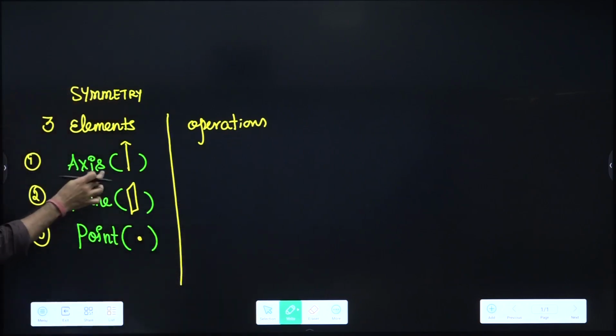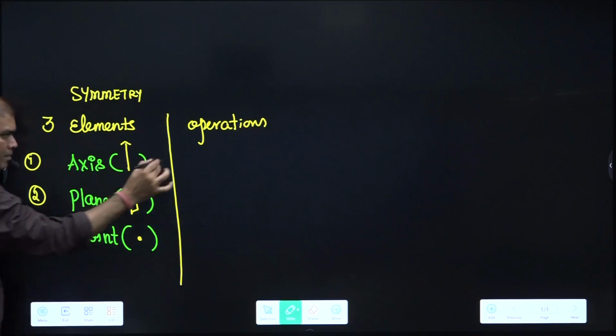Note down these three: axis, plane and a point. Axis, plane and a point.